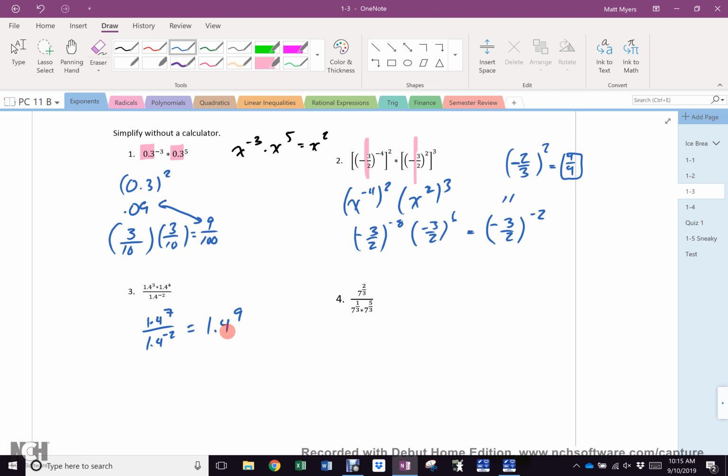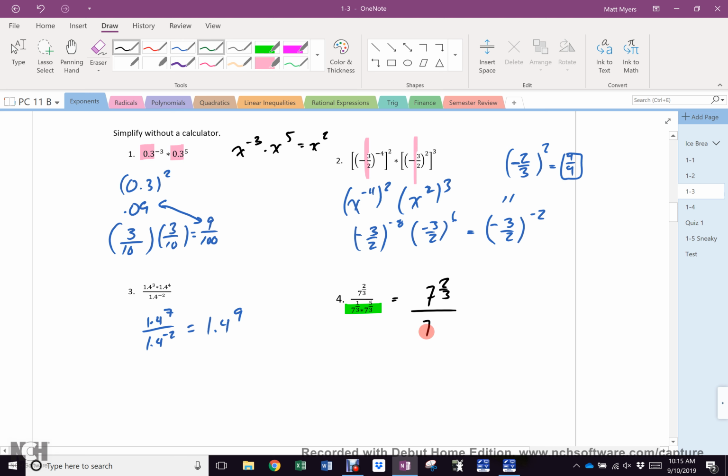Why is number 4 going to scare all of you? Oh, fractions. And what's the hardest thing in math? Fractions. Oh no. Do we need to be scared? What should I do down in the denominator there? What should I do with that 1/3 and that 5/3?